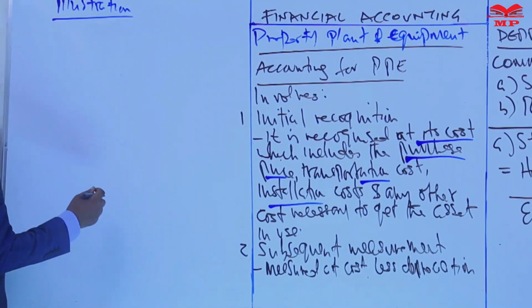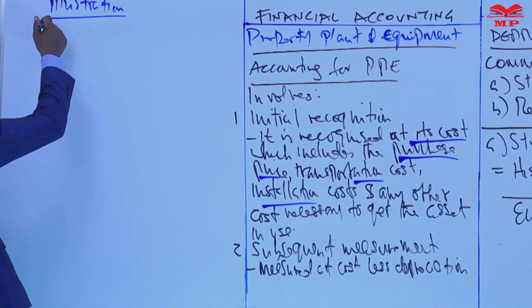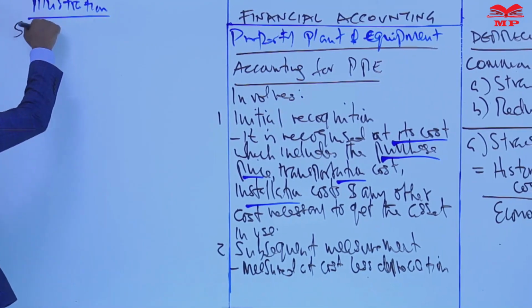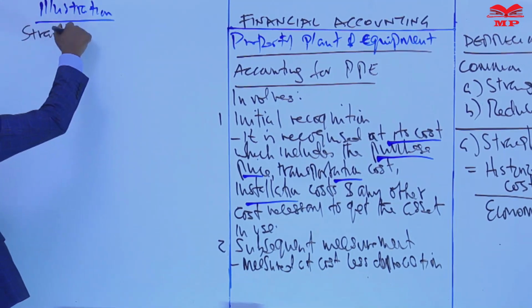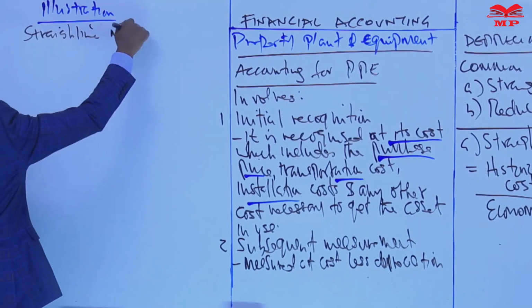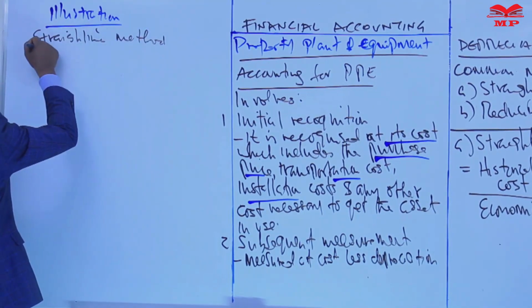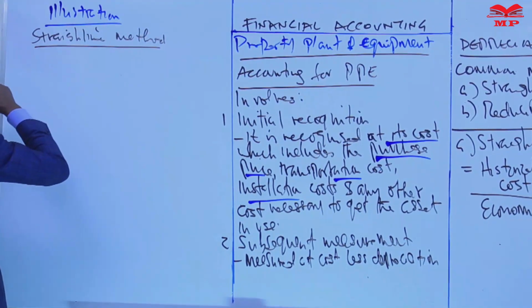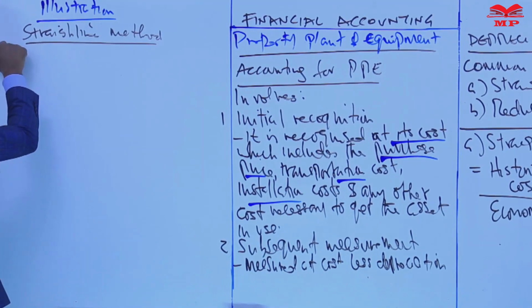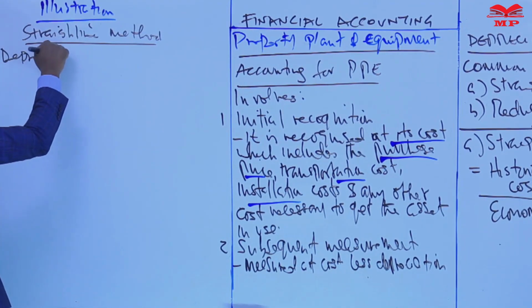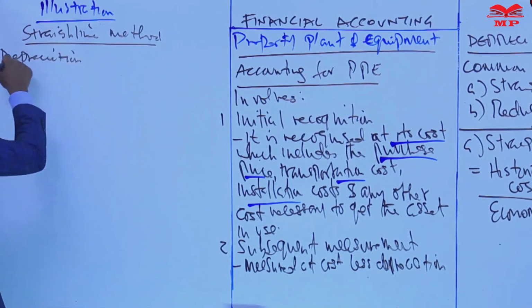We are using the straight line method. We've seen depreciation per year.